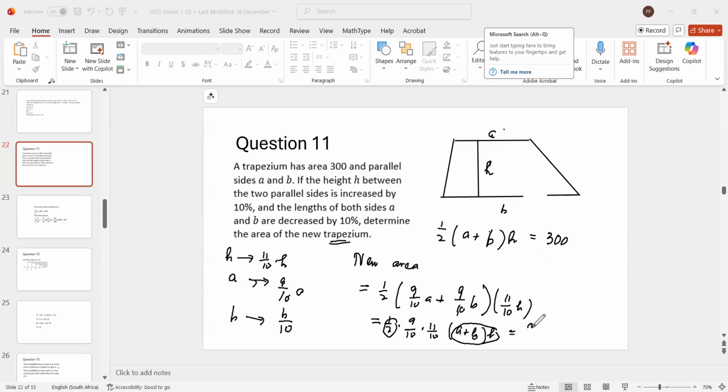So this is 99, 9 times 11, over 100, times 300. Because half of A plus B times H is 300. And hundreds cancel. 99 times 3, just 297. Okay, so that's the answer to question 11. 297.